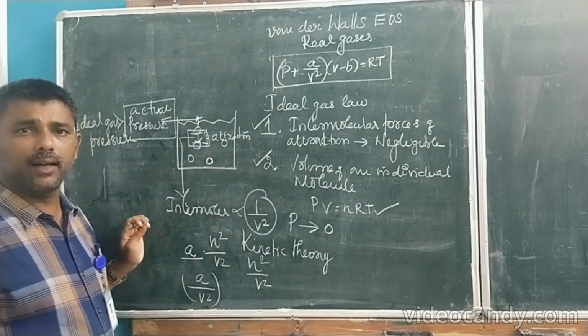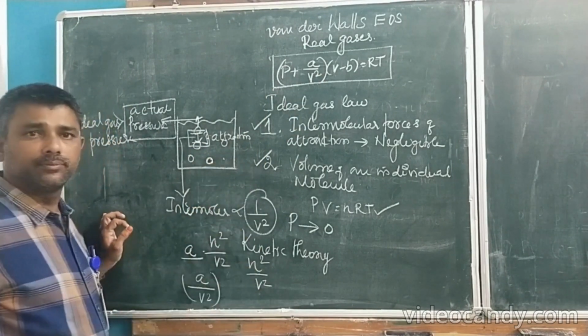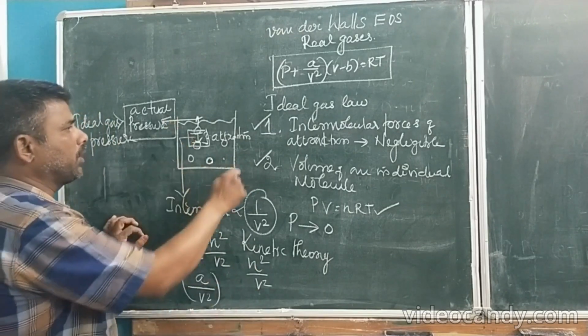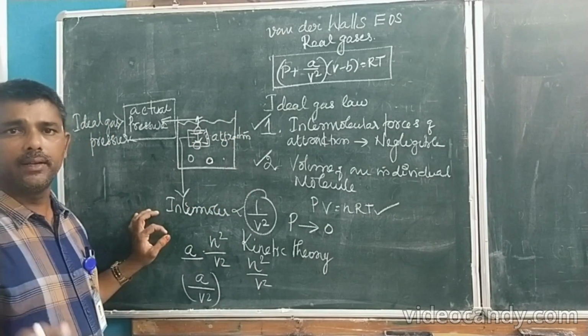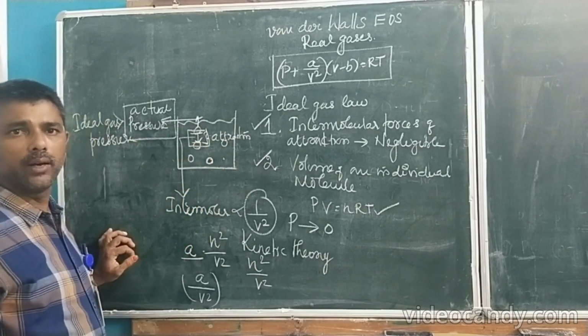Next point. See this molecule. In the ideal gas law, each molecule is assumed to be a point mass. The volume of an individual molecule is assumed to be negligible compared to the total volume occupied by the gas. But in reality, each and every molecule has a definite volume.